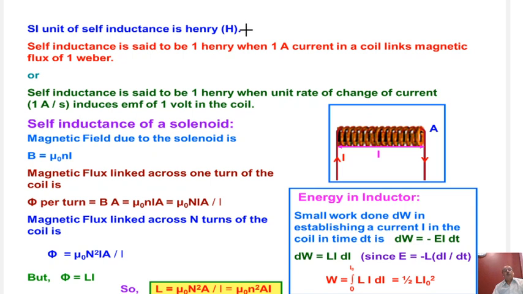The unit of self-inductance is Henry. Self-inductance is said to be 1 Henry if 1 ampere current in the coil links a magnetic flux of 1 Weber. Or self-inductance is said to be 1 Henry when a unit rate of change of current, 1 ampere per second, induces an EMF of 1 volt in the coil.